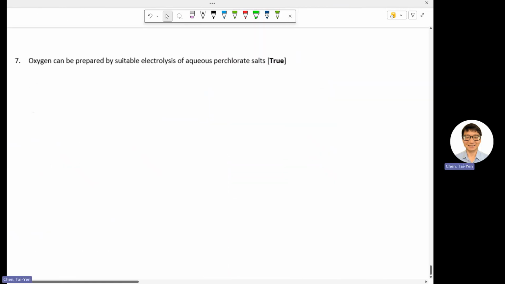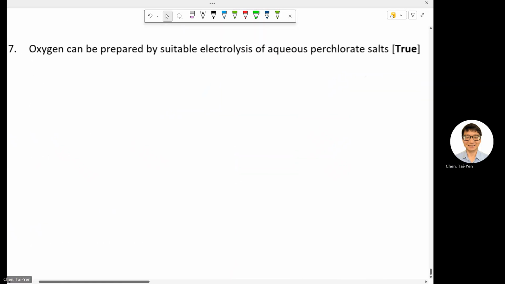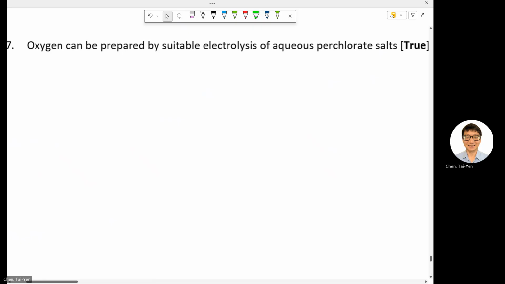Next question. Okay. So the question says what? Oxygen can be prepared by suitable electrolysis of aqueous perchlorate salt. Okay. Again, keywords: electrolysis and oxygen.